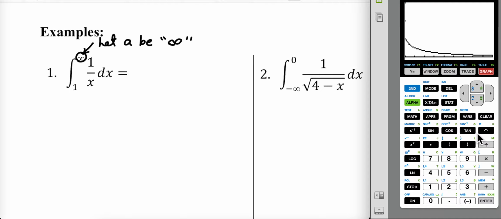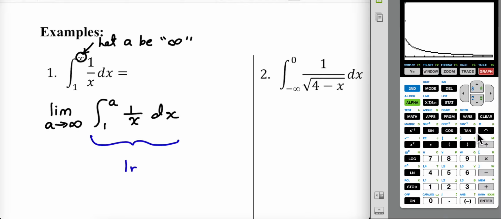So what we'll say is the limit as a approaches infinity of the integral over the interval of 1 to a of 1 over x dx. The antiderivative of 1 over x is the natural log of x, going from 1 to a.